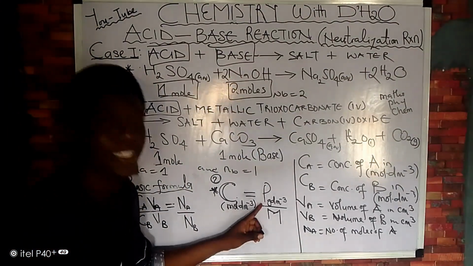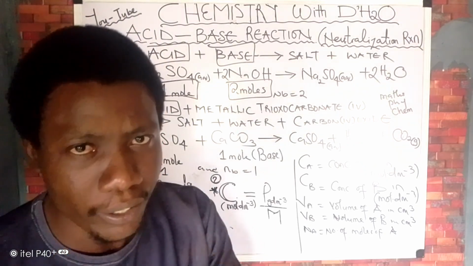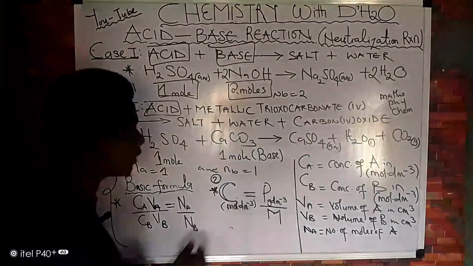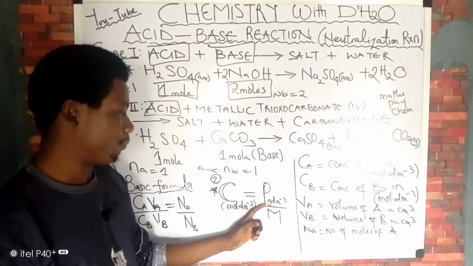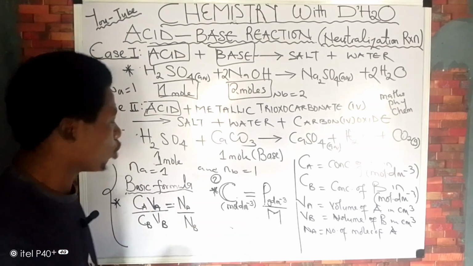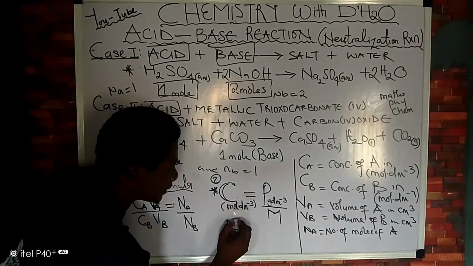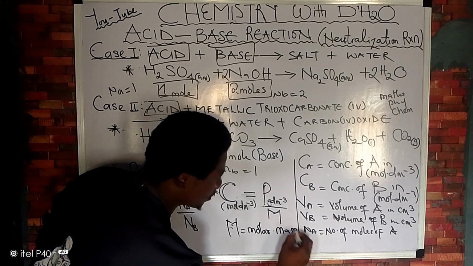Then this is the concentration of the substance in gram per dm cube. That is to say, this is mass concentration, while this is the weighting, the molar mass. So we can say that capital letter M is the molar mass.